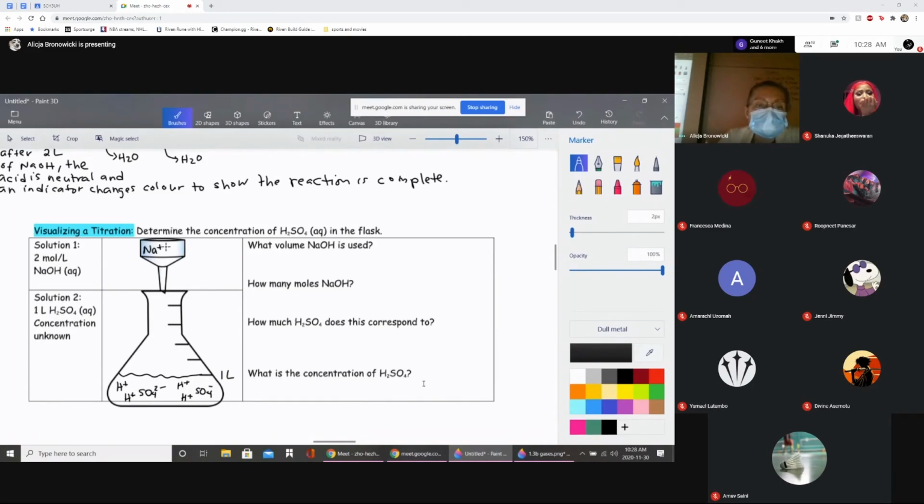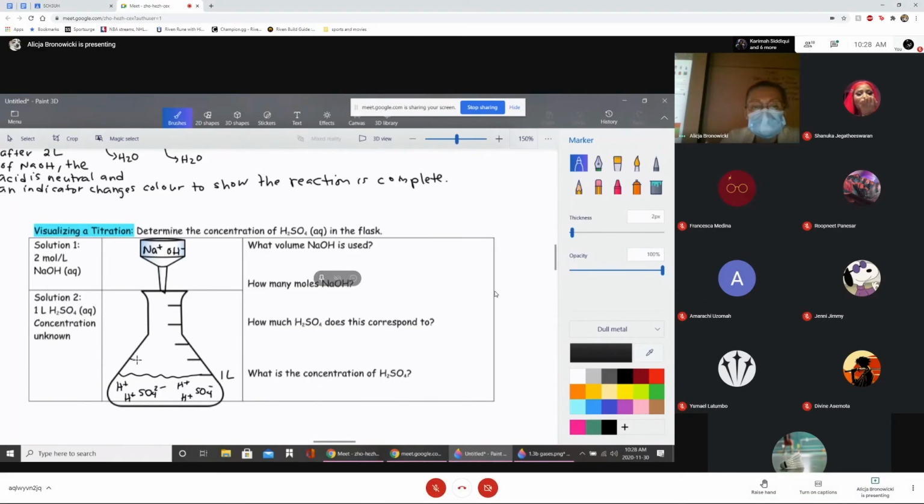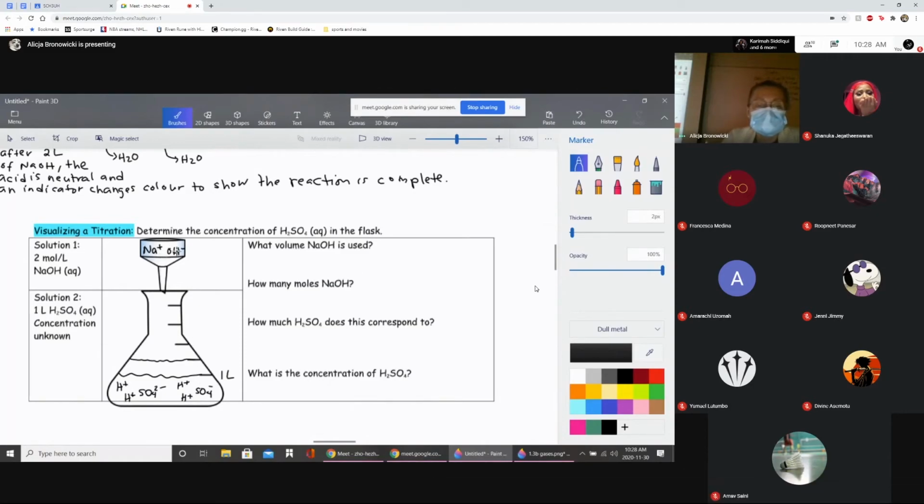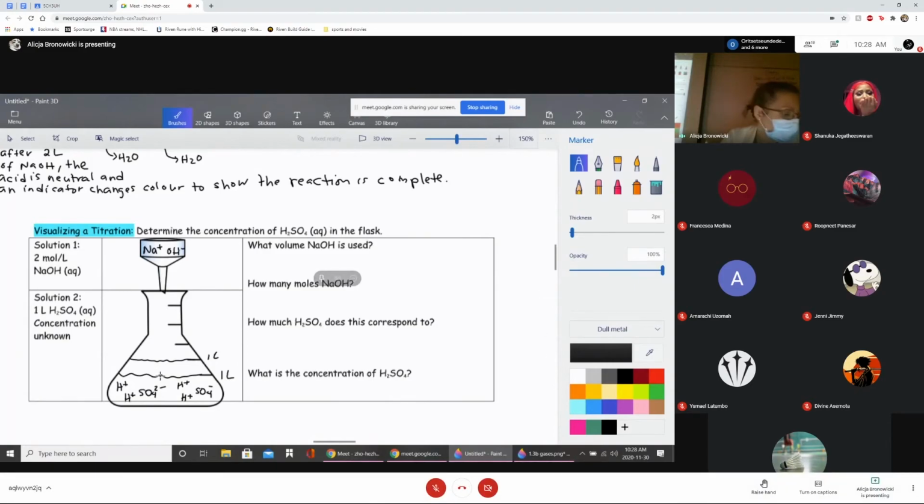a titration. So Na plus, OH minus. First thing is I pour in 1 liter of sodium hydroxide. My concentration of sodium hydroxide is 2 moles per liter. If I pour in 1 liter of sodium hydroxide, how many moles of sodium hydroxide have I poured in?